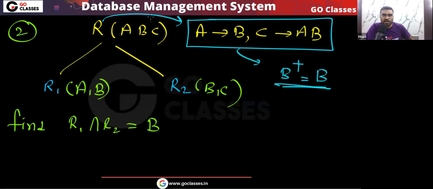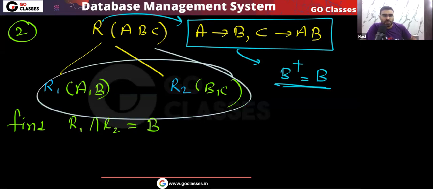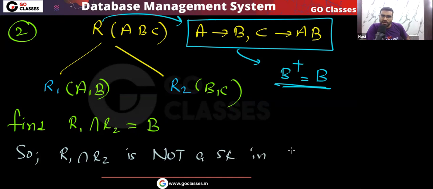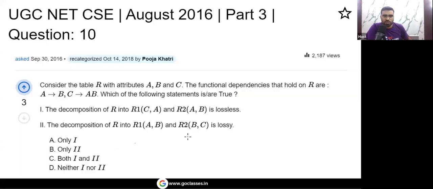So you can see that this B is not a super key in either R1 or R2. So this is a lossy decomposition. The question is saying this is lossy, that is lossless. Yes, both are correct. So for this question, the answer will be option C.